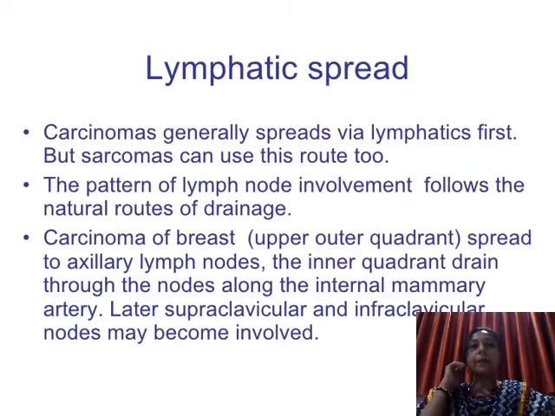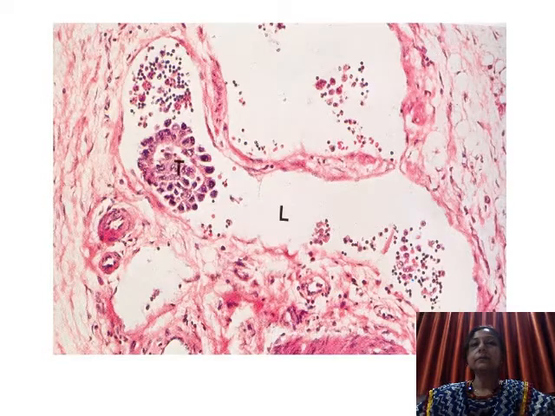Like carcinoma of the breast, the upper outer quadrant spreads into the axillary nodes. The inner quadrant drains through the nodes along the internal mammary artery. Later, supraclavicular and infraclavicular nodes will be involved. So, through the routes of natural drainage, the lymph nodes are involved. This is a lymphatic having a tumor emboli.